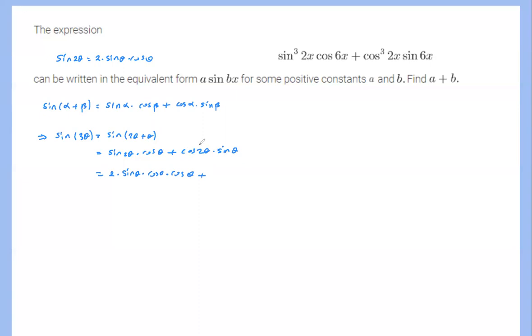If you don't know the double angle for cosine, maybe it's good to remember as well. You can just use the angle sum for cosine, similar to this one. Let me write it as well.